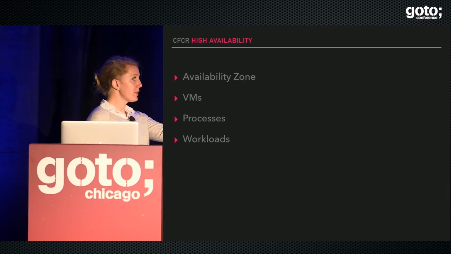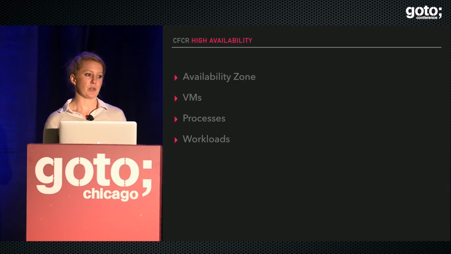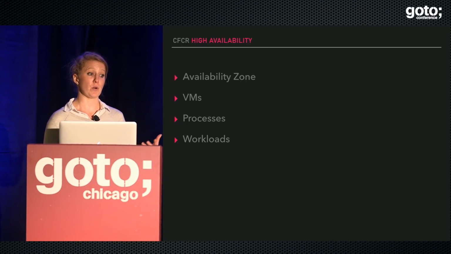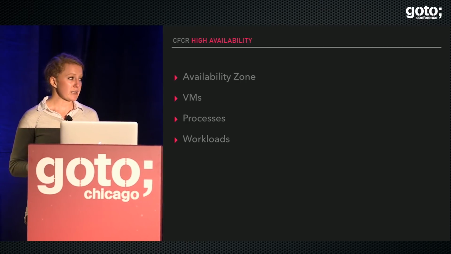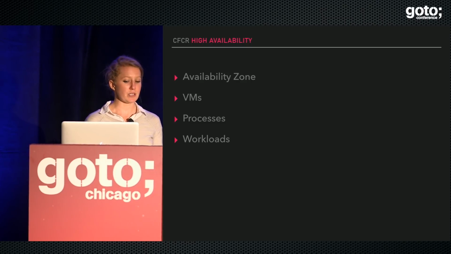Similarly, if a VM goes offline, because BOSH is constantly polling for eventual consistency and saying I should expect 5 VMs and I only have 4, it will recreate that specific VM and redeploy whatever was running on top of that VM. Processes are monitored so that if a process goes down, it'll be restarted.